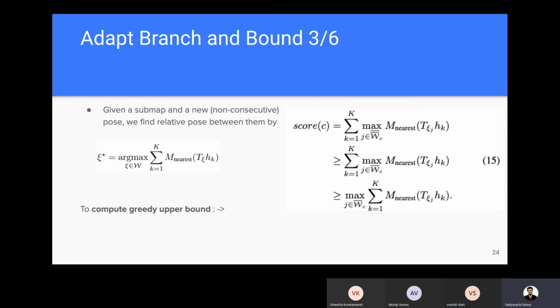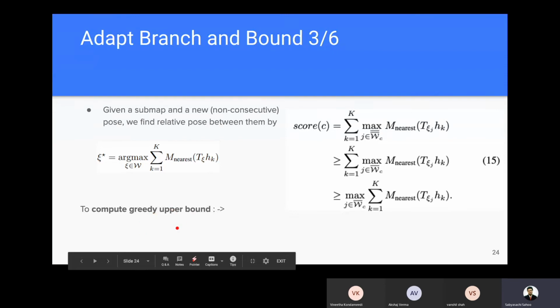Okay. Great. So now we would like to know for each partition how we can compute the upper bound.